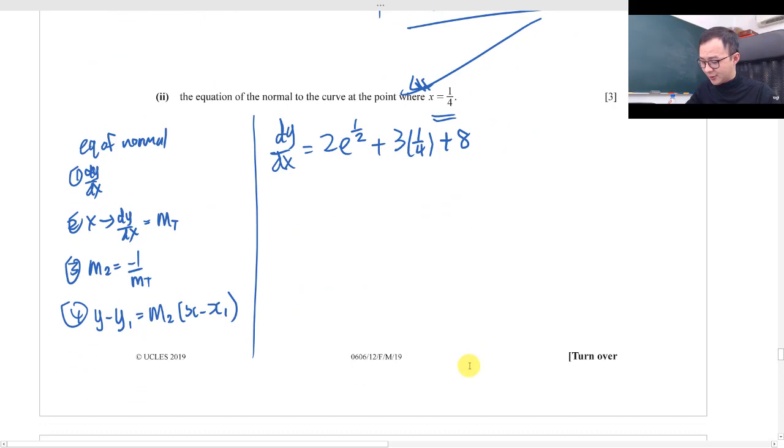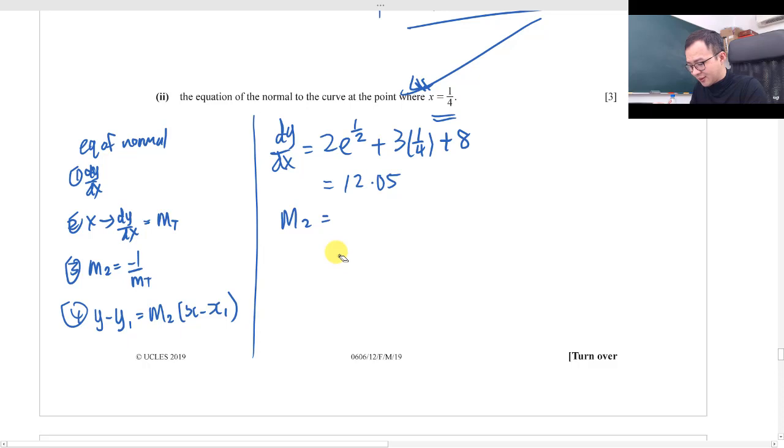It's a bit weird, so I will type everything into the calculator. My gradient is basically 12.05. So I want to find my m2, which is negative 1 divided by my answer just now.